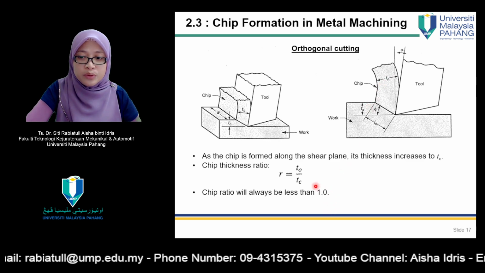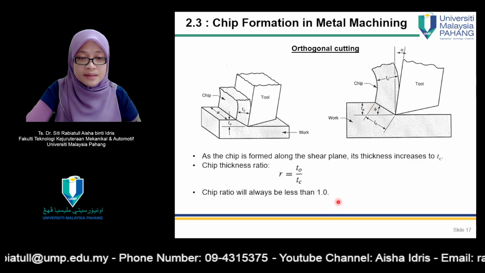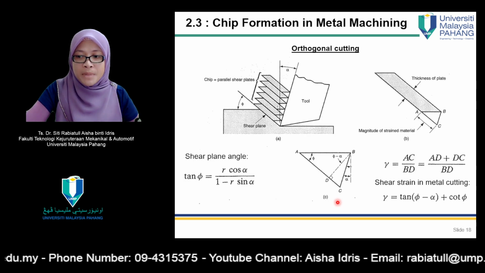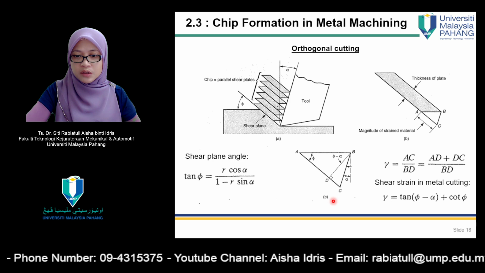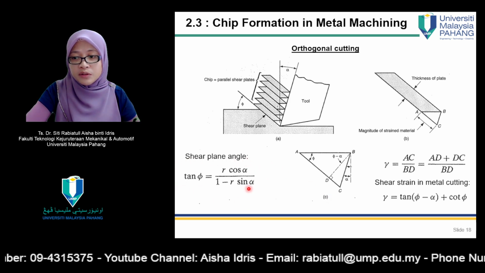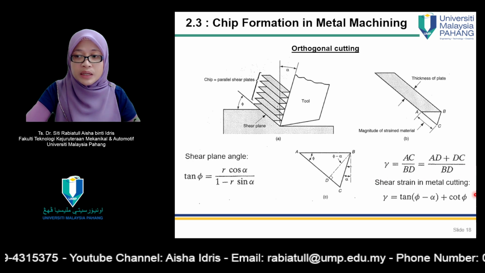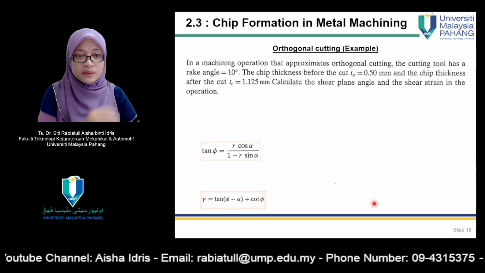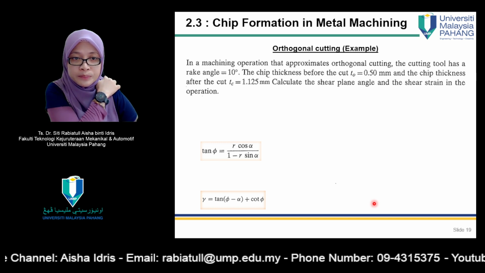Chip ratio will always be less than 1.0. Other than that, we also need to know the formula for shear plane angle, as well as shear strain in metal cutting. So let's look at the example in this slide.